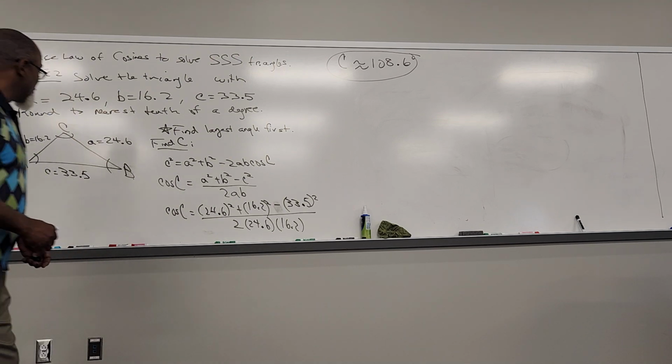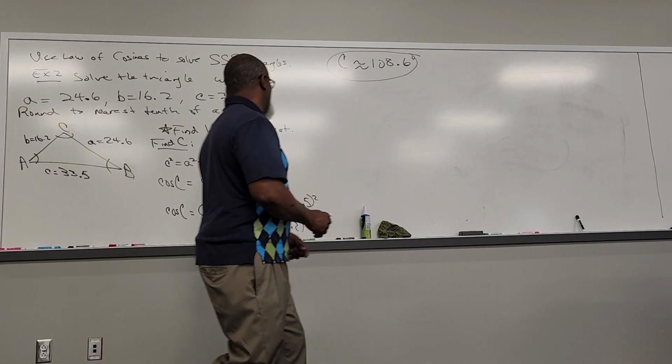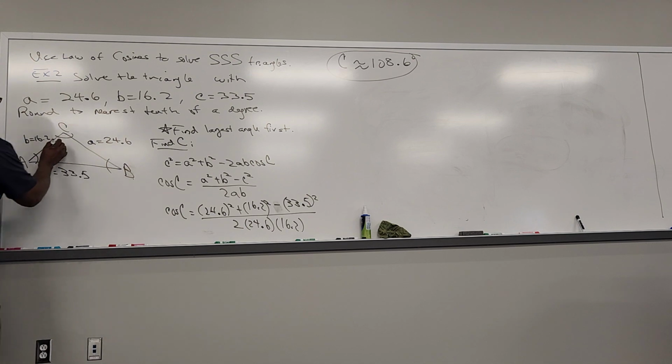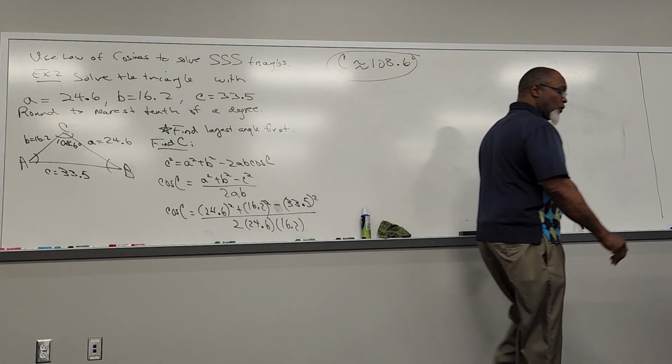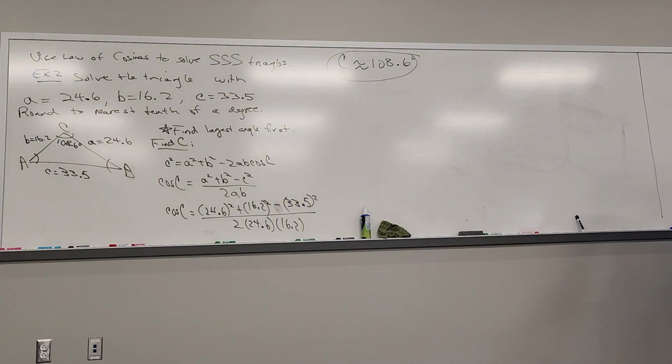So now we have angle C. It's 108.6 degrees. Once you get one of those angles, we're back to the other thing where we can now solve for any one of those two remaining angles.